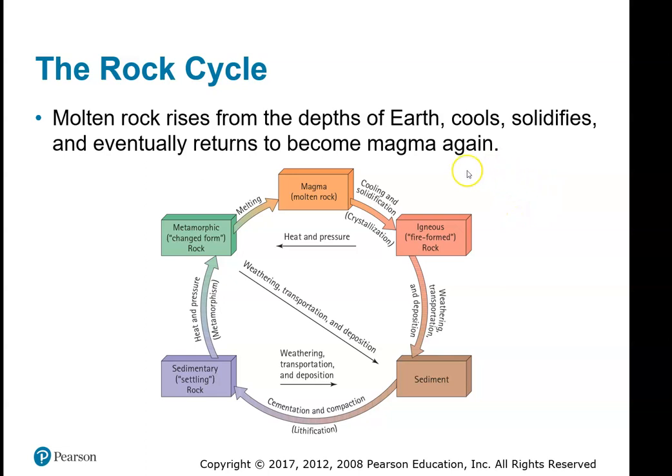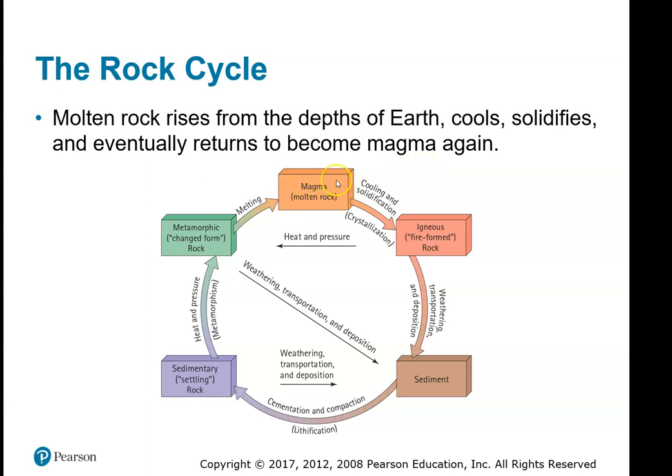I mean, it's not fixed. There's not some certain timeline that says these rocks have been around long enough, now it's time for them to turn into magma again. It's just statistically they have a chance of becoming that. All right. Anyhow, let's start.